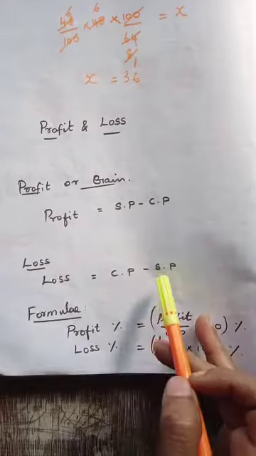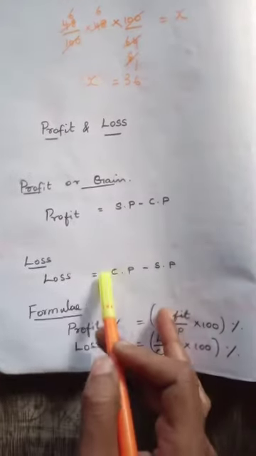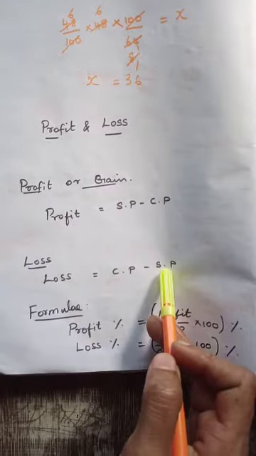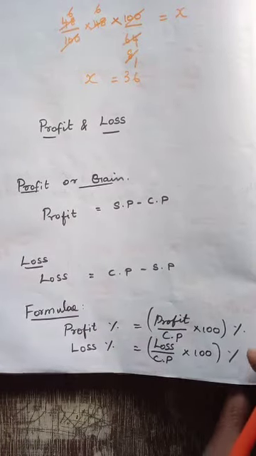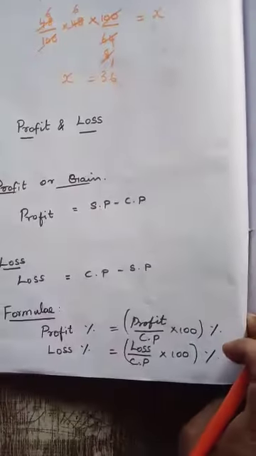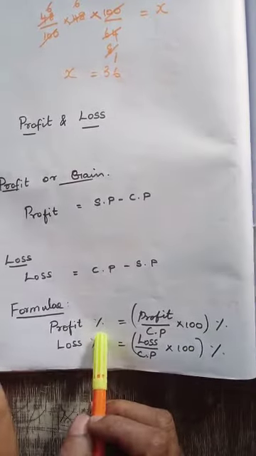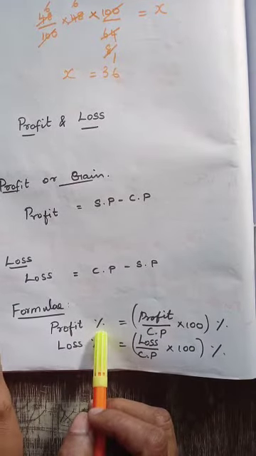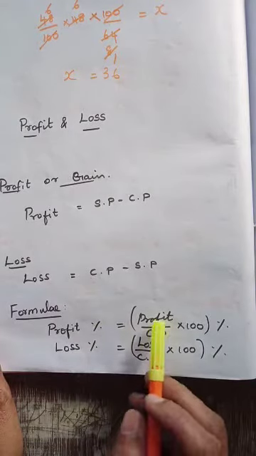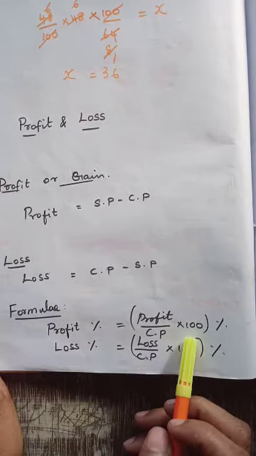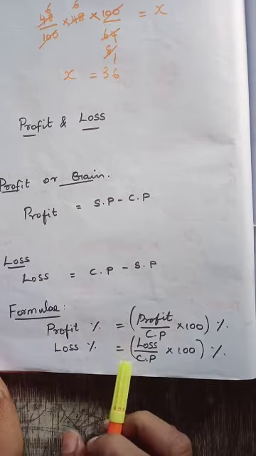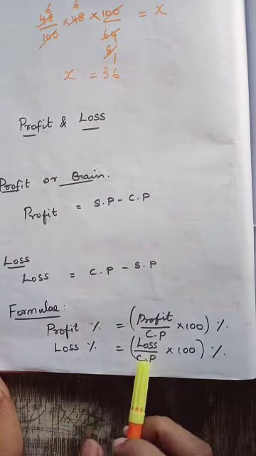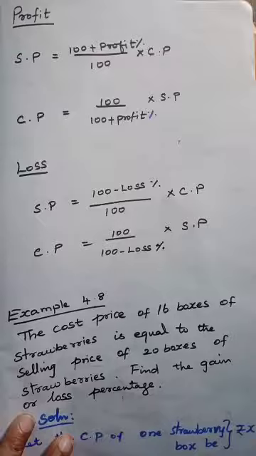Then the SP is low. So CP minus SP. Okay. Loss means cost price minus selling price. Okay. Formula. Profit percent means, this is all we have studied in 7th standard itself, is it? Is equal to profit by CP into 100. That is percentage. Loss percentage means, yes, loss by CP into 100.